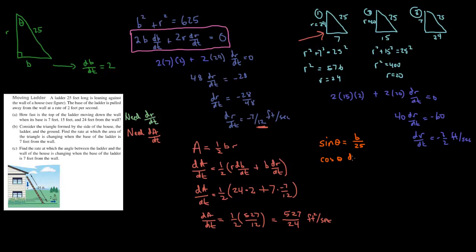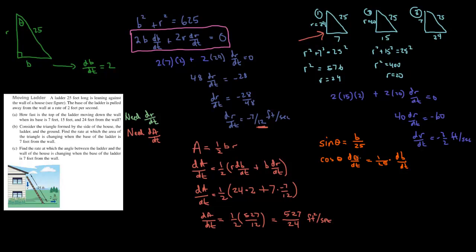Cosine theta, but we have to multiply by d theta over dt, and that equals 1 over 25 times, now what's the derivative of B? That's just dB dt. So I think this is my implicit derivative I'm working off of now.